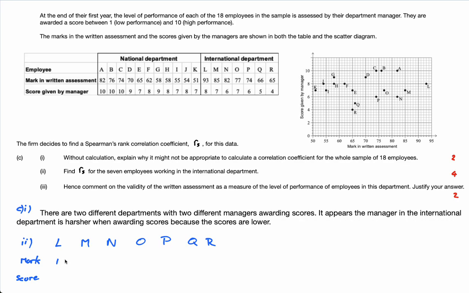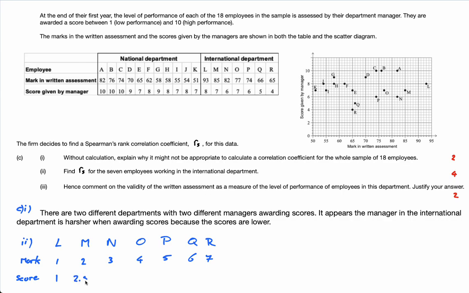So I can easily just go 1, 2, 3, 4, 5, 6, 7, and then the score. It's not quite as simple, right? This guy is first, so fine, he gets first, but this guy is not second on his own. He's second and he's second, so we've basically got a second and a third. So we say he's second and third, he's second and third, so we give them both 2.5.